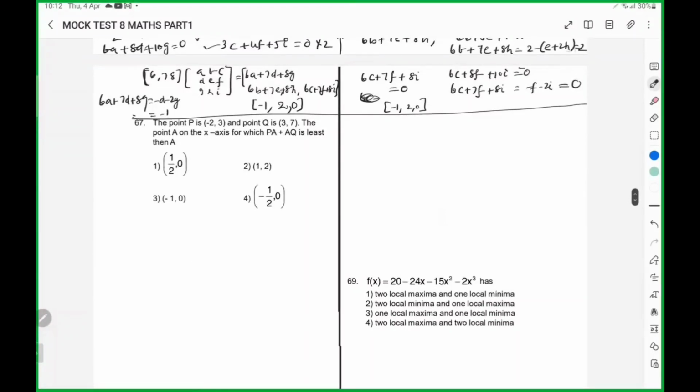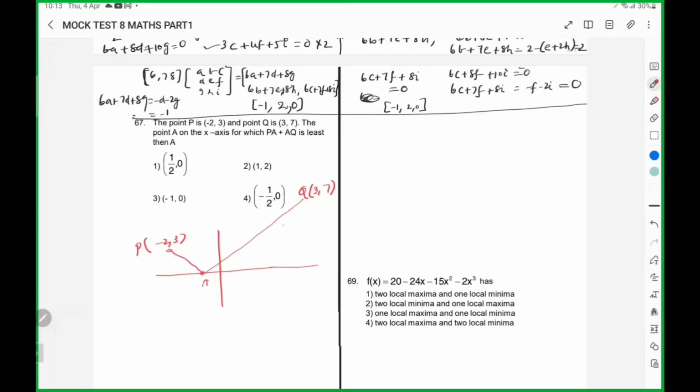Given point P minus 2 comma 3 and point Q 3 comma 7, find the point A on the x-axis for which PA plus AQ is least.